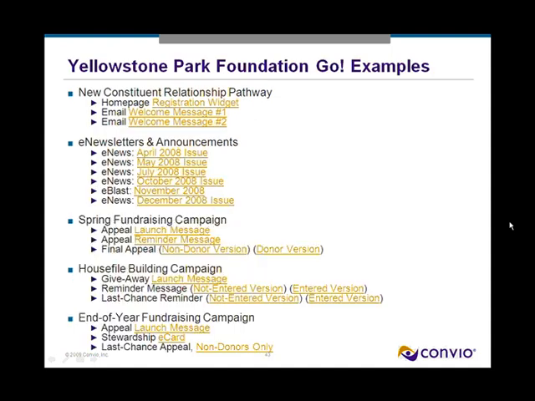Now, if you take a snapshot, again, this is from Yellowstone Park Foundation, and we won't go into this right now in more detail, but certainly if you want to in Q&A, we can pull up some more specific examples. This is looking at a full year in the ConvioGo program, just pulling together all the communications, not even all the landing pages and donation forms and everything else that we worked through in the course of the program. This is what you would actually be able to look back on, having worked through the Go program, and show to whether it's your board or your executive director to say, this is what we were able to accomplish.